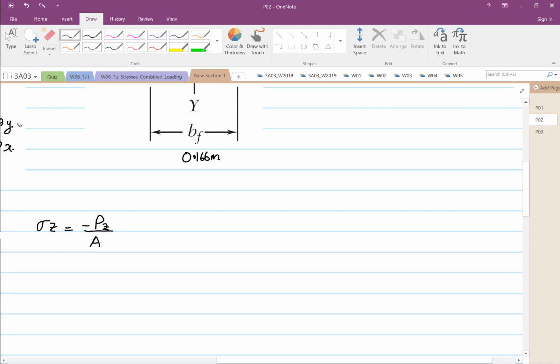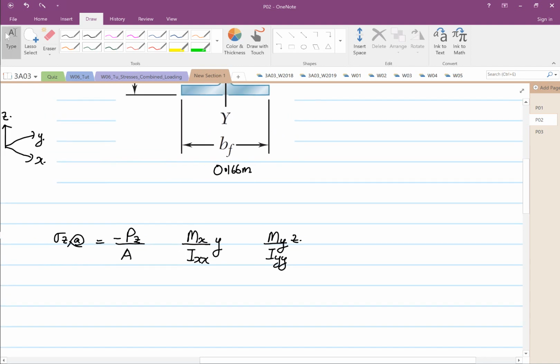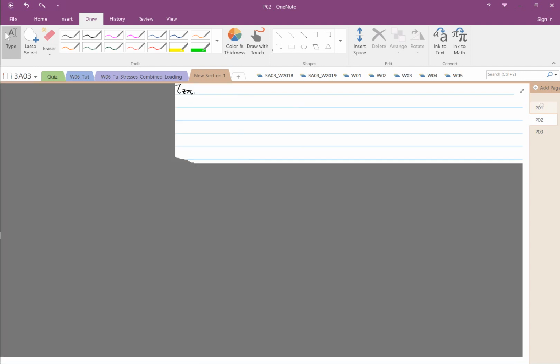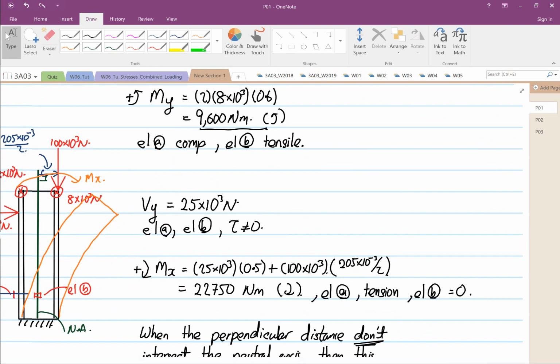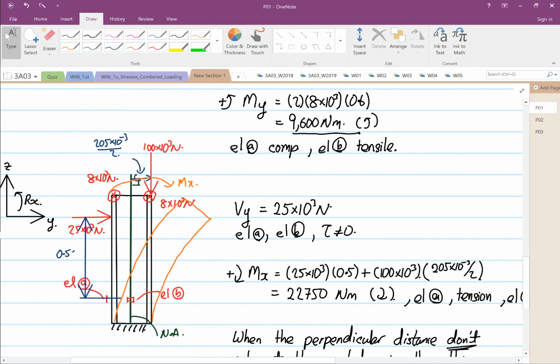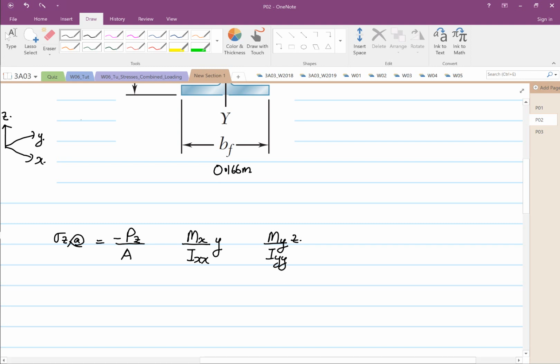Apologies, this is stress Z at element A. Then we have MX over IXX multiplied by Y, and then MY over IYY multiplied by X. If you look at the previous slide, the moment about X at element A induces a tension, so it's going to be plus.